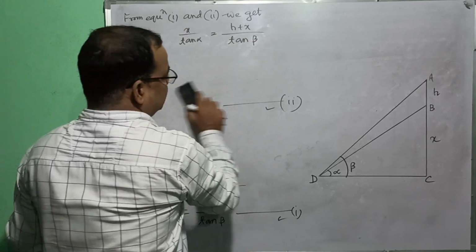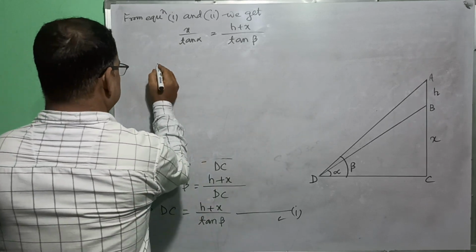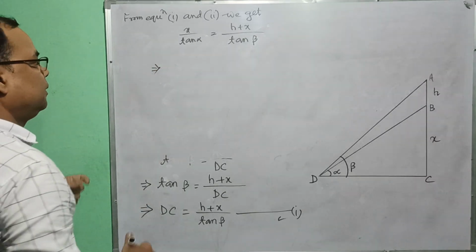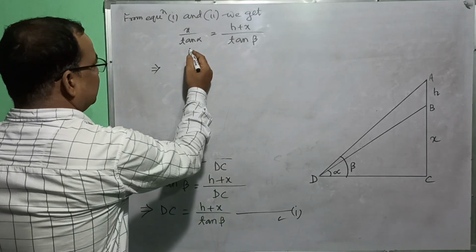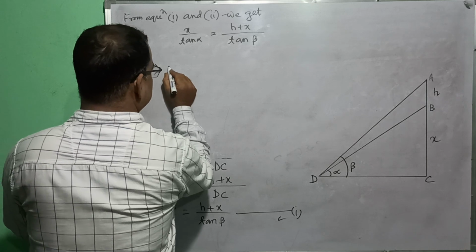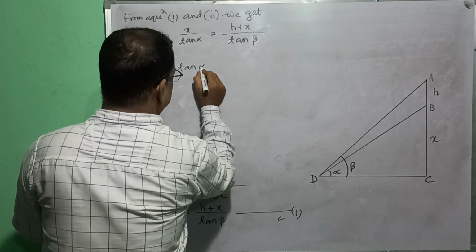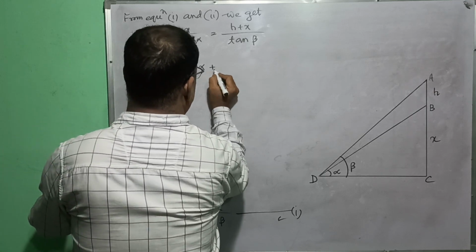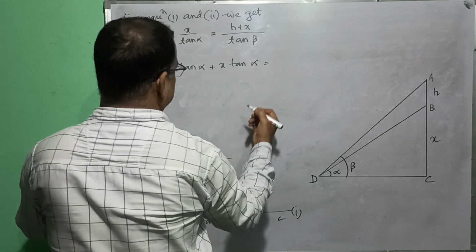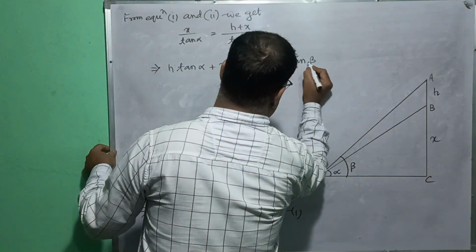So I am removing now. From here we can multiply here by tan alpha, so here it will be h tan alpha plus x tan alpha equal to, here it will be x tan beta.